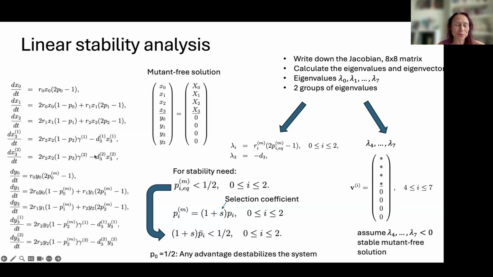These are the cells that are the most differentiated in my system. So I take the sum of x3 1 and x3 2. So that's why I only have one x3. So I have 4 equations here and 4 equations here. That's why I have an 8 by 8 matrix, not 10 by 10. Okay. So D3 here is a sum of these. Okay, so and the other eigenvalues in this group may or may not be negative, right?